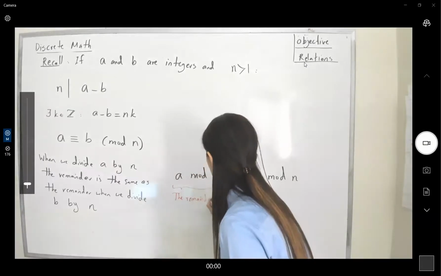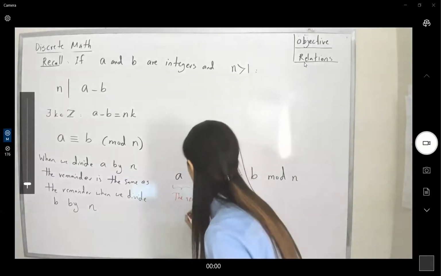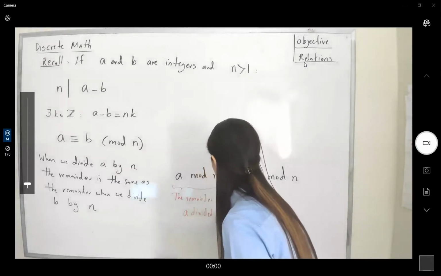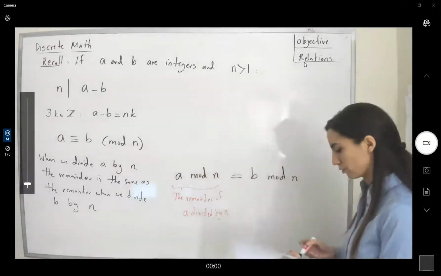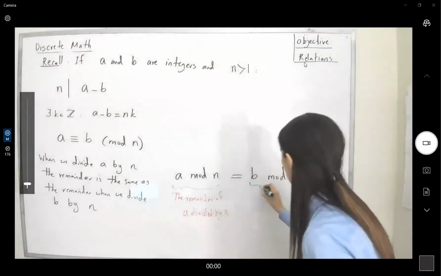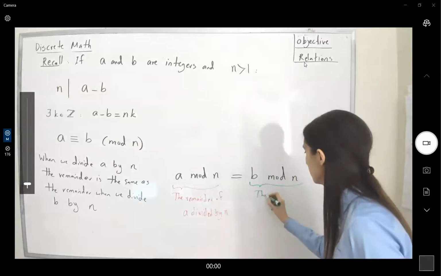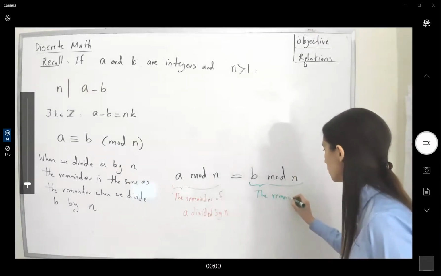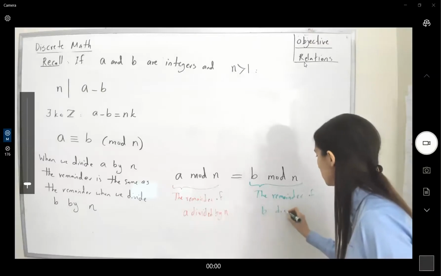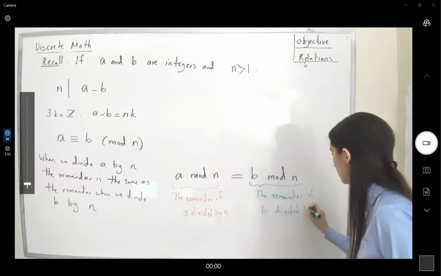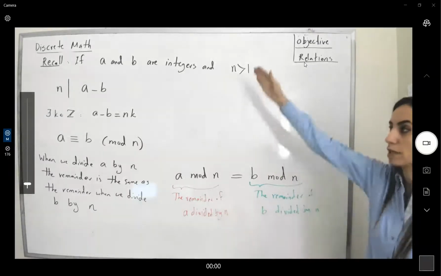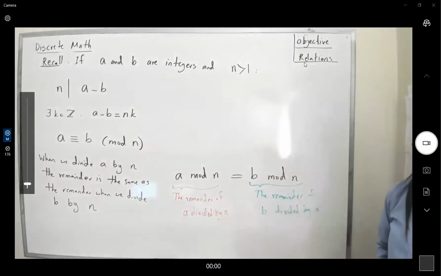The remainder of a divided by n is equal to the remainder of b divided by n. These are all equivalent to each other.